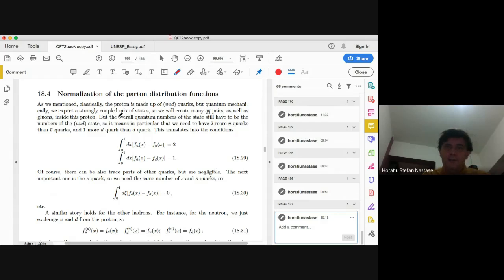However, the proton certainly at high energy, so perturbatively certainly is uud. So then that means that the proton conserves these charges. So that means that the total charges of the state have to be the same.